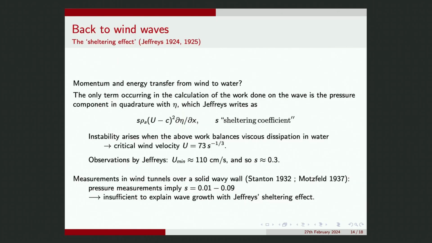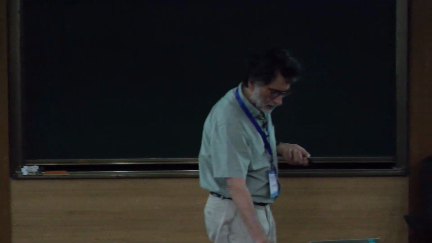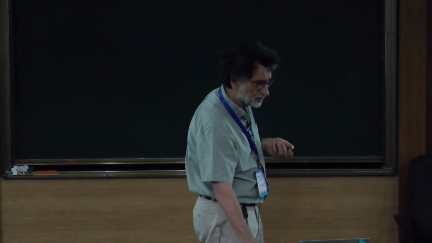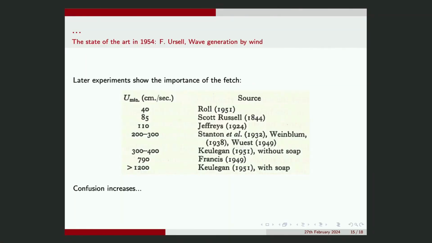Now, if we go back to wind waves, there were many attempts to understand the discrepancy with the Kelvin-Helmholtz situation. I won't enter the details. The problem was to understand how viscosity may act in order to create another pressure component out of phase with the elevation of the interface.